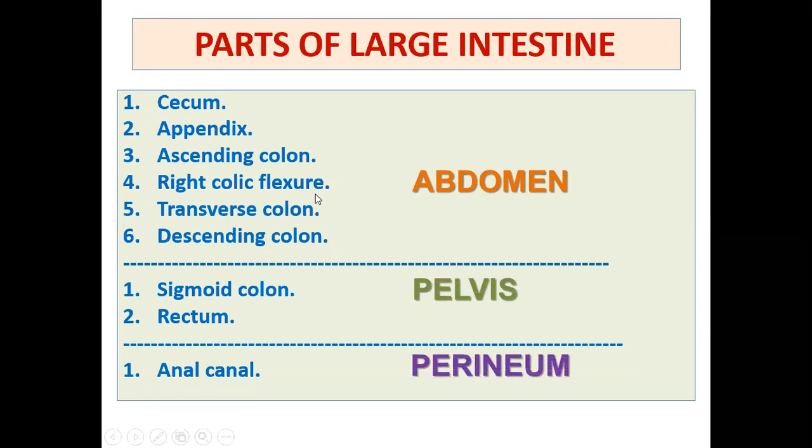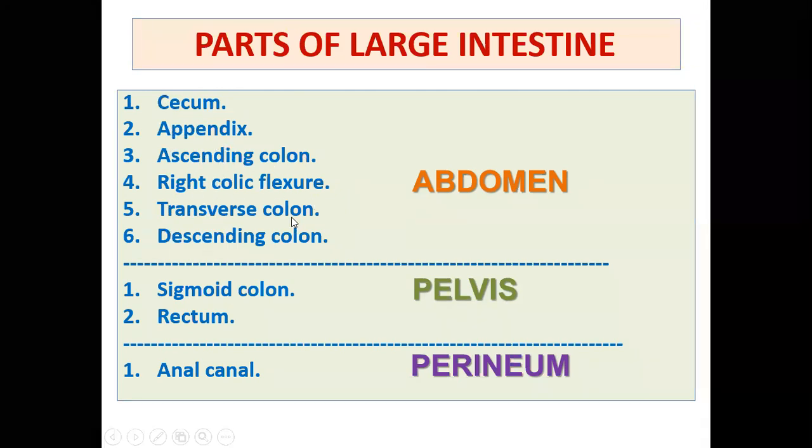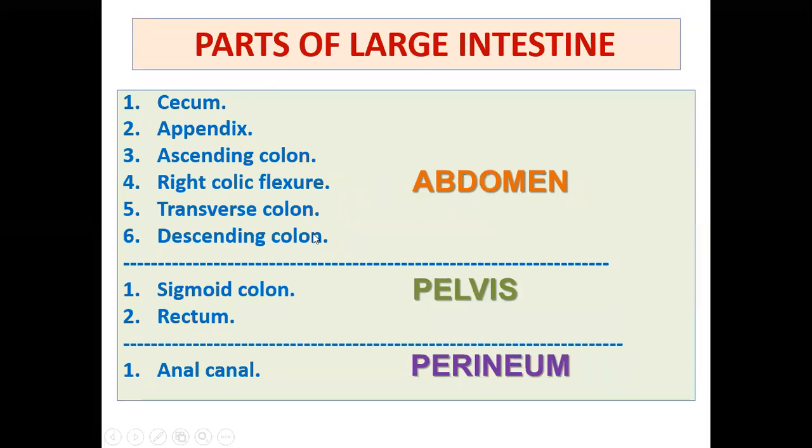The part of the large intestine which is in the abdomen includes the cecum, then a small extension called the appendix, then the ascending colon, the right colic flexure, transverse colon, and descending colon. All these are present in the abdominal part. Then from the descending colon, it goes into the pelvis as the sigmoid colon and the rectum. And finally, in the perineum, there is the anal canal. So it is divided into abdominal, pelvic, and perineal parts.